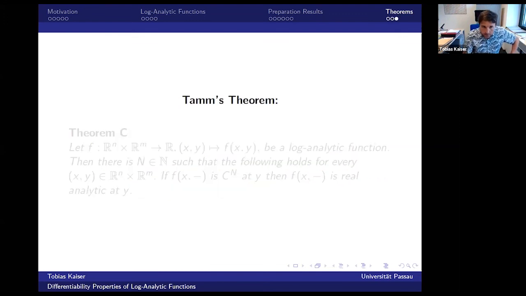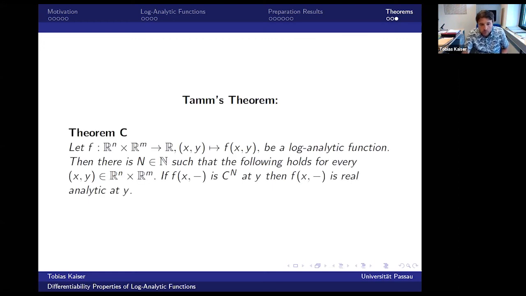And finally, we can adapt the arguments of van den Dries and Miller to generalize Thom's theorem from globally subanalytic functions to log-analytic functions. So let f be a log-analytic function depending on x and y. Then there is an N in big N such that the following holds for every x, y in R^n times R^m.